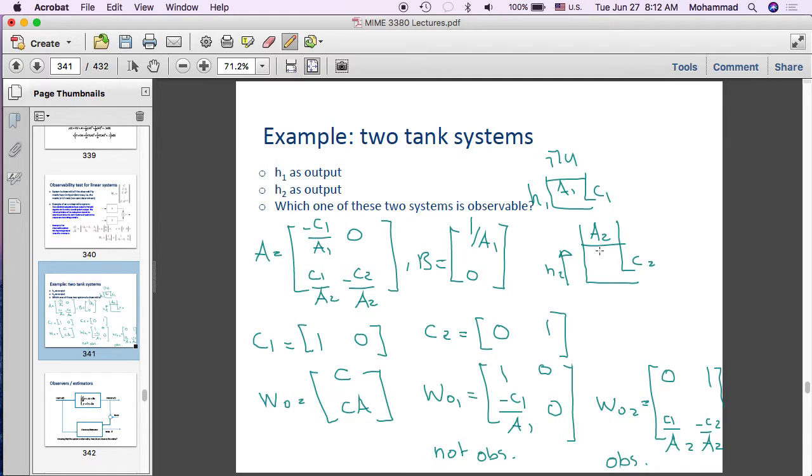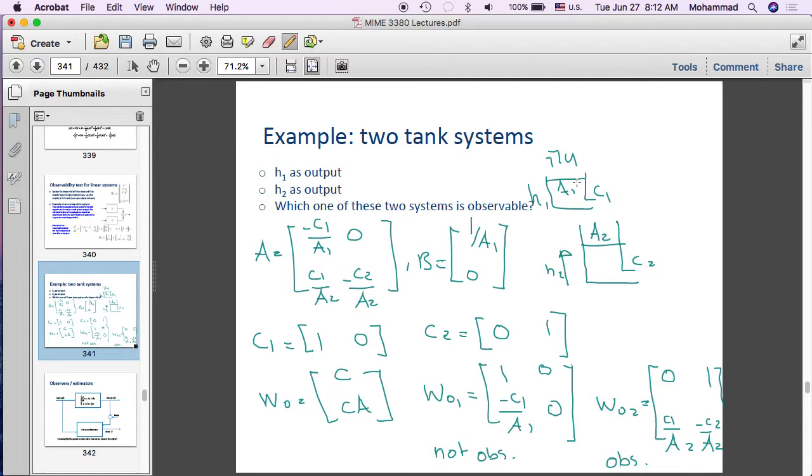The reason was that if your output is h1, h1 is not being affected by h2. Take a look at this system. h1 is not being affected by h2. And that's why if you limit the output to h1, you don't have that built-in information in h1, so you can't extract h2 from an observer that simply looks at h1 as the output of the system.